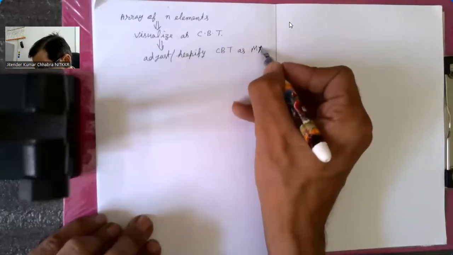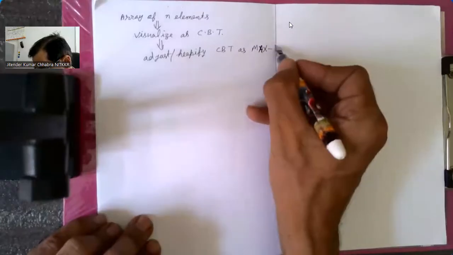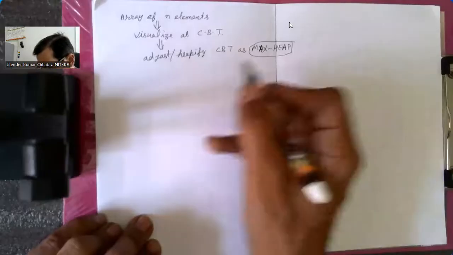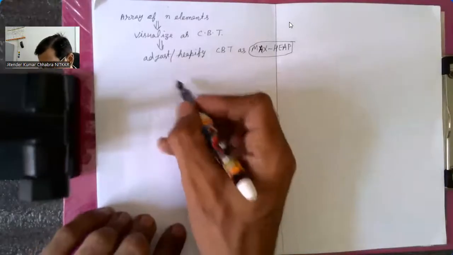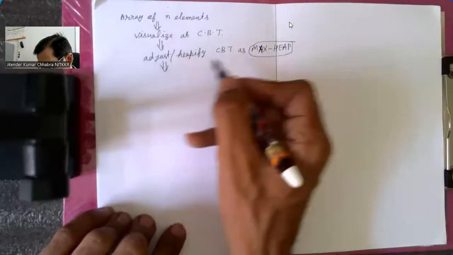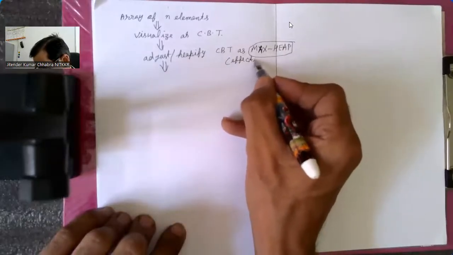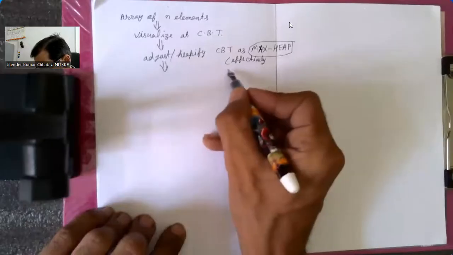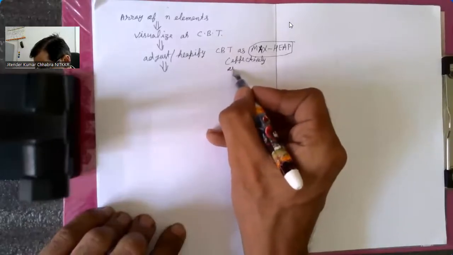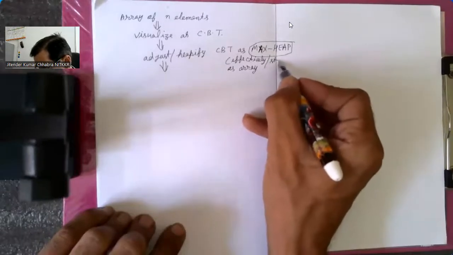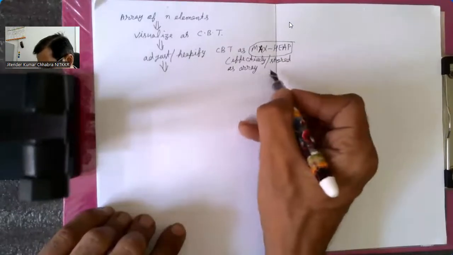So what is max heap? I will define it, but now I am going to use a new data structure, which I call a max heap. And once a max heap is there, effectively it is actually stored as an array.